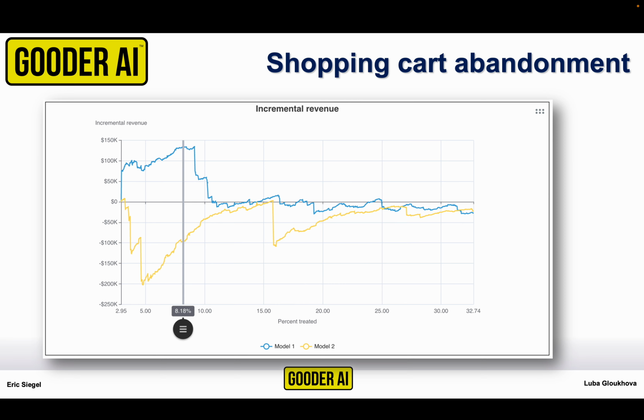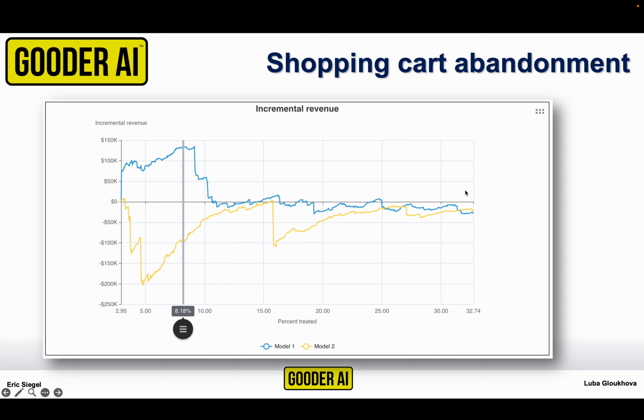If you offer a discount to someone who's going to complete the transaction anyway, that's not a good idea because then you've only decreased your revenue. But if you don't offer a discount to someone who's a high risk of abandoning their shopping cart, those over to the left in this case, then you're also missing an opportunity because they may just leave without completing the transaction. So again, there's this Goldilocks zone.